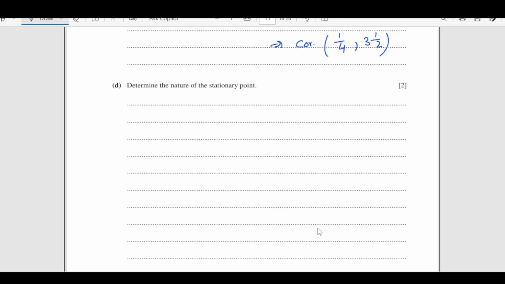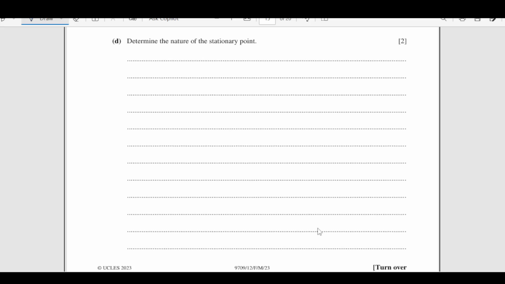Now, next part D, determine the nature of the stationary point. To find the nature, we need to find the second derivative. The first derivative dy/dx is this one, as we have used previously.